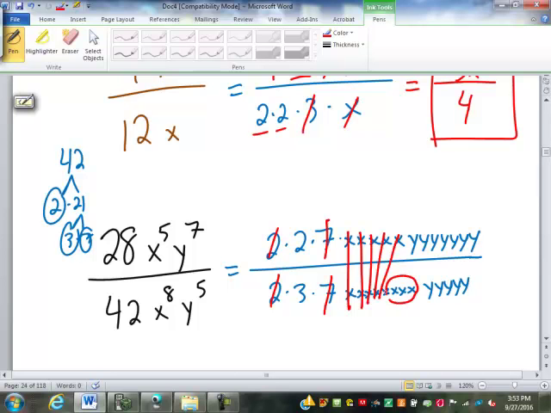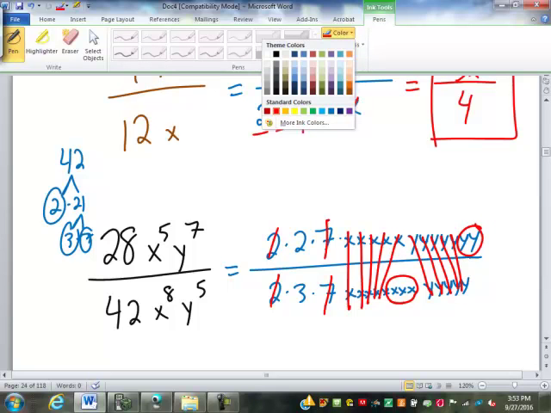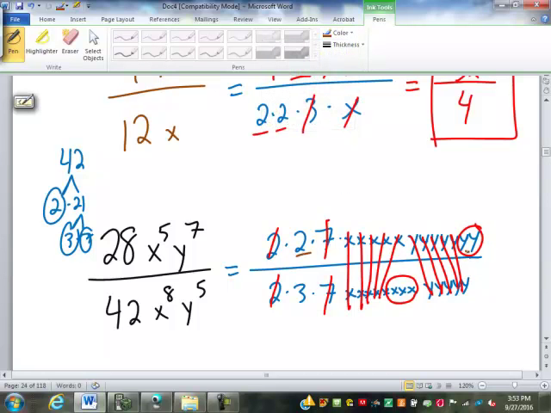I'm left with how many on bottom? 3 of them. How many y's can I cancel out? 5, right? 1, 2, 3, 4, 5. I'm left with how many on top? 2. So on top here, I have 2y squared. On bottom, I have 3 x to the third.